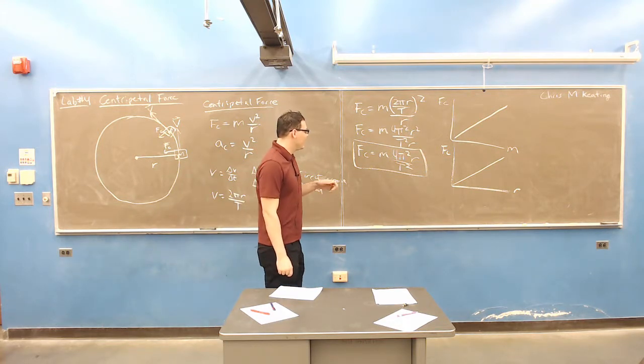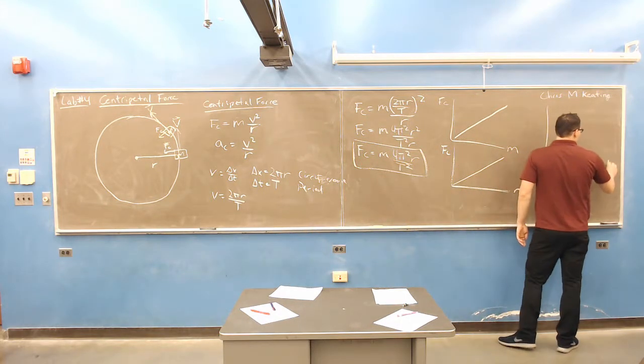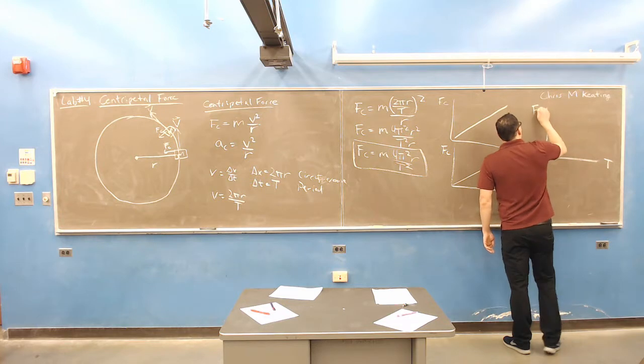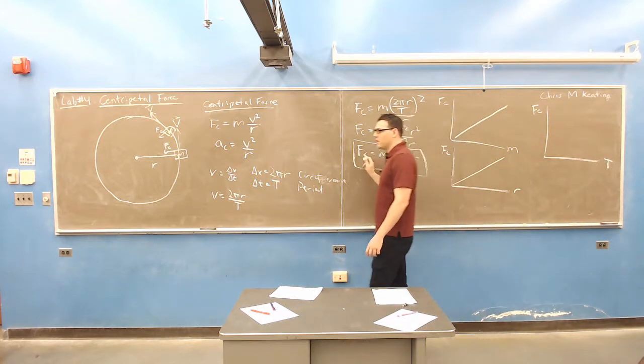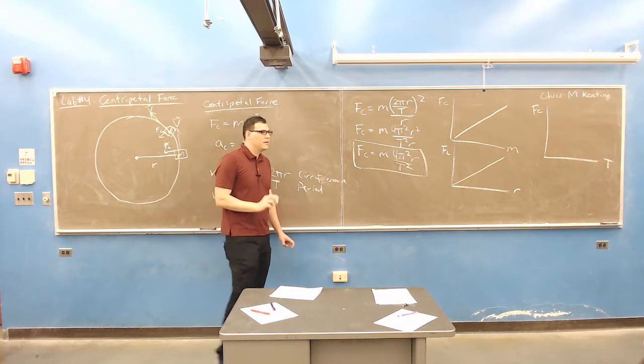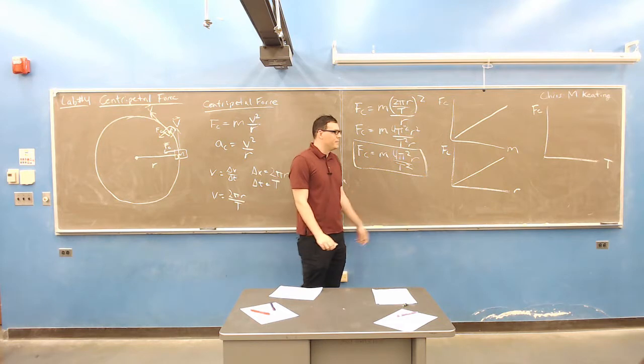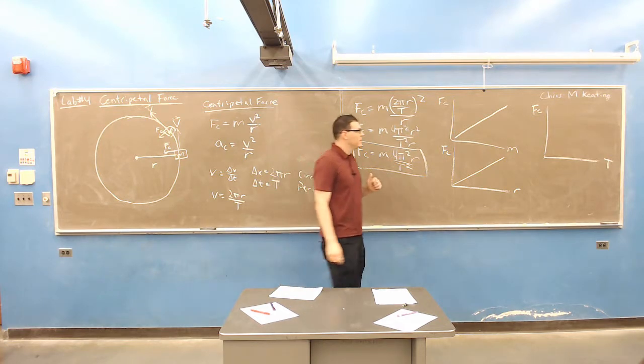All right, so the last one is T, or the period. How do the period and the centripetal force depend on each other? Inverse squared, right? So this is kind of like Newton's gravity. So it looks something like this.